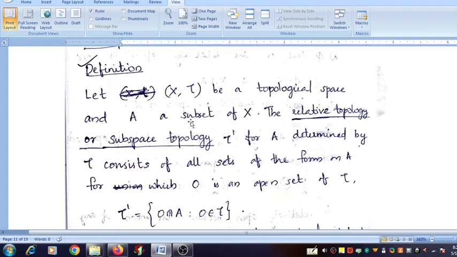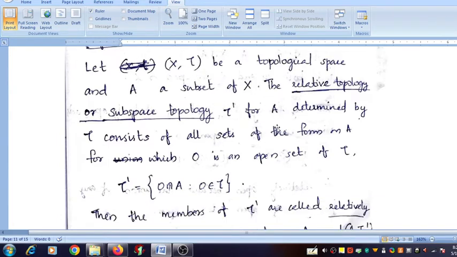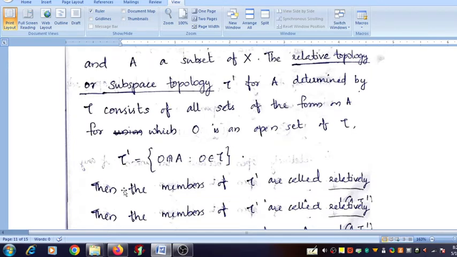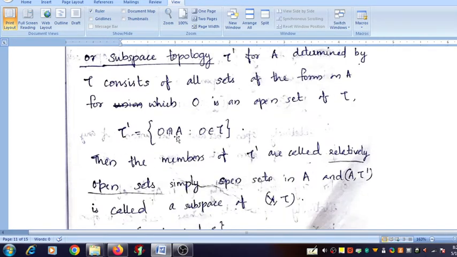For that we have to consider the intersection of all open subsets of X which are present in tau with the subset A. This is the definition of the new topology, the relative topology tau prime. Tau prime contains the sets of the form O intersection A, where O is a member of tau.